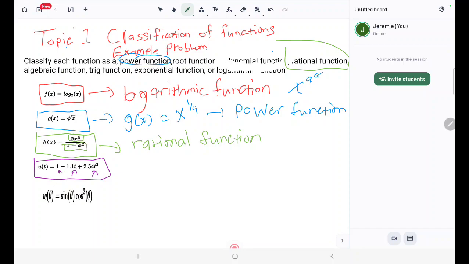And then we have t to the 1st power and t to the 2nd power. So these are all integer powers of t, and obviously they have different coefficients in front: 1, minus 1.1, and plus 2.54. So this is actually a polynomial. But interestingly, every polynomial is also a rational function. So it's also a rational function.